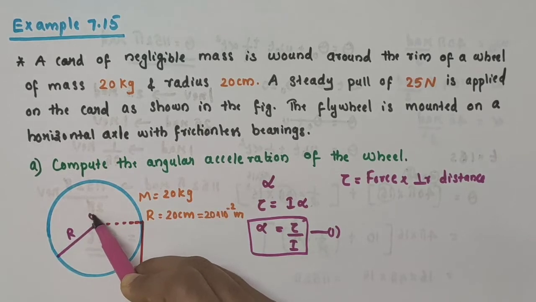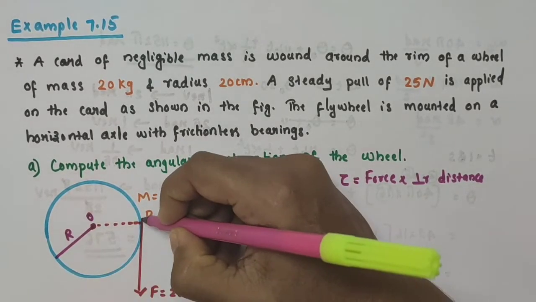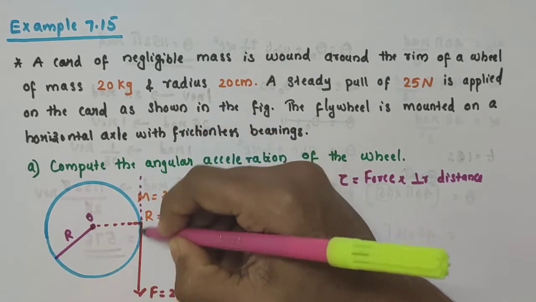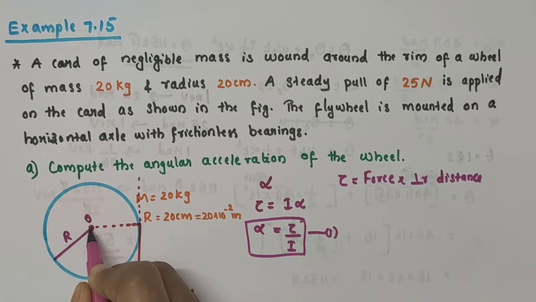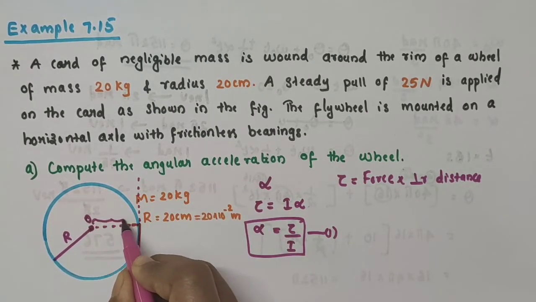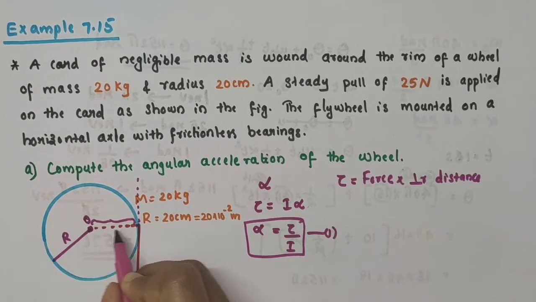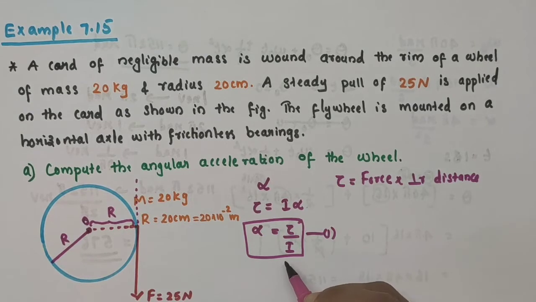If I take this point as O, then the line of action of force is this. The perpendicular distance between this point and the line of action of force is this, and this is equal to the radius of the flywheel. So, this perpendicular distance is equal to R.